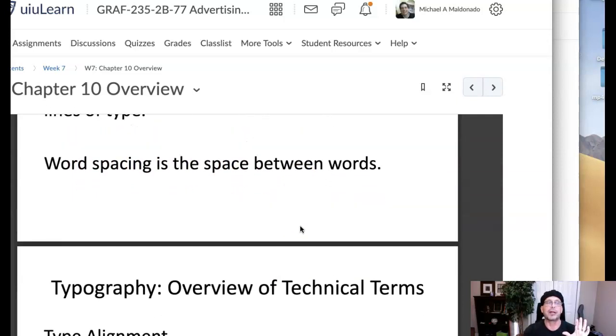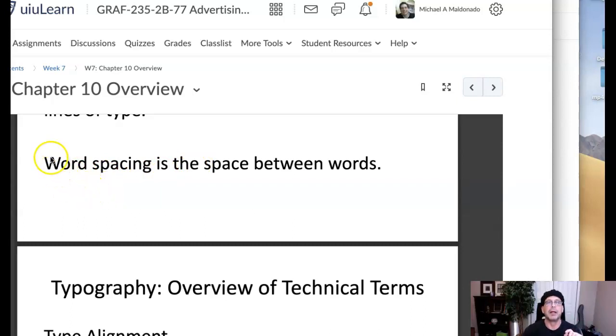We also have what's called a character count, and that is the number of characters in an individual sentence or paragraph. Let's say you have a character count of 65 on a given paragraph. What does that mean? Or a given line of type. A character count means that that line has 65 characters.